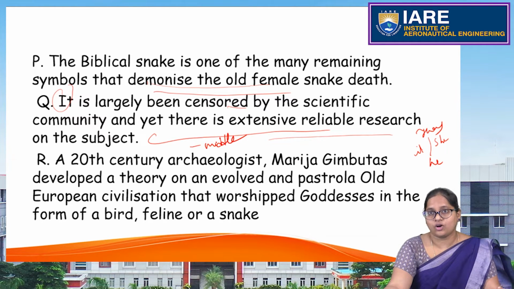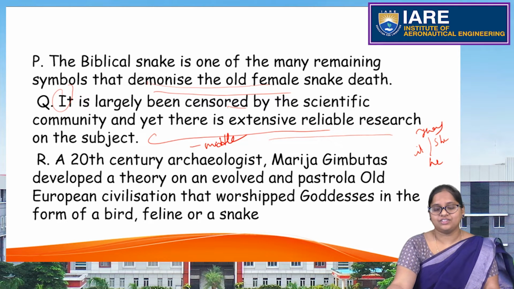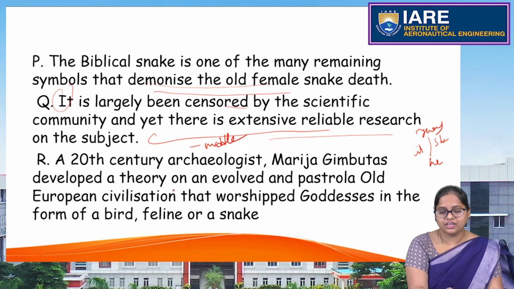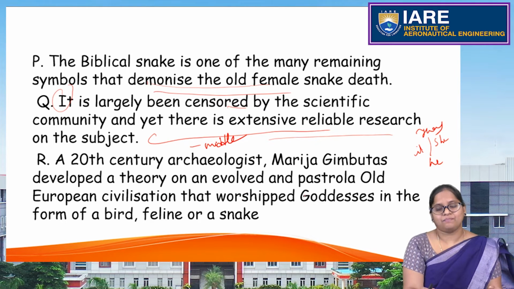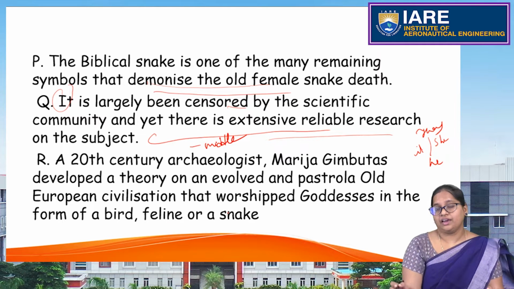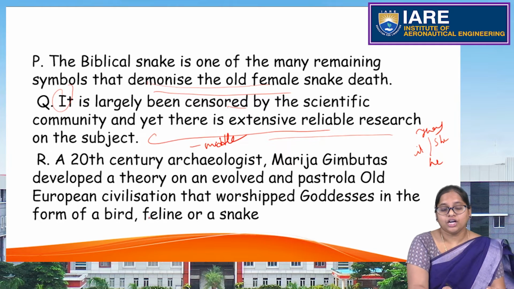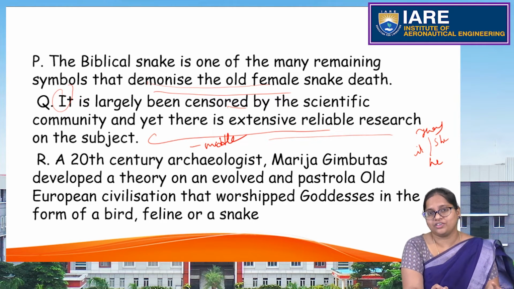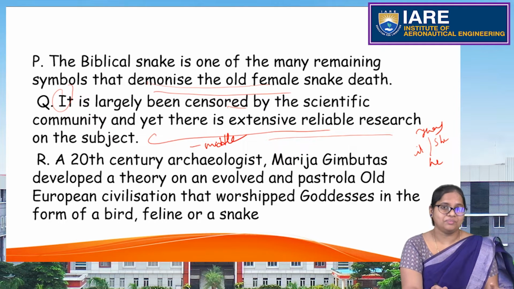Now look at this option R. A 20th century archaeologist, Marija Gimbutas, developed a theory on an evolved and pastoral old European civilization that worshipped goddesses in the form of a bird, feline or snake. Now, you don't have to worry about the gender of this particular archaeologist, and this is not a very particular detail.